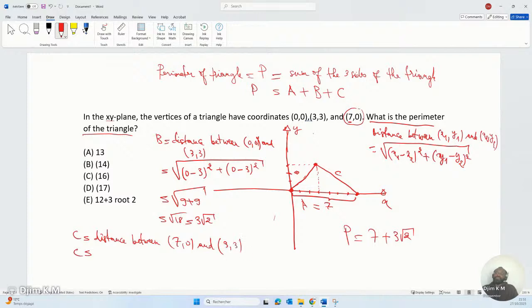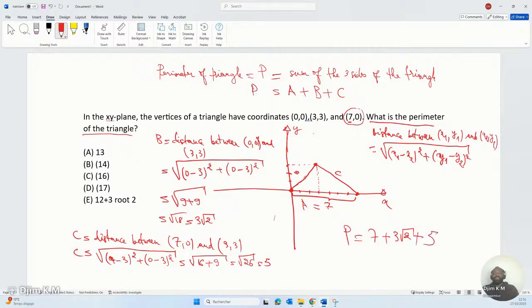So C will be equal to the square root of (7 minus 3) squared plus (0 minus 3) squared. 7 minus 3 is going to give us 4. So 16 plus 9, square root of 25, gives us 5. So we have C equal to 5.